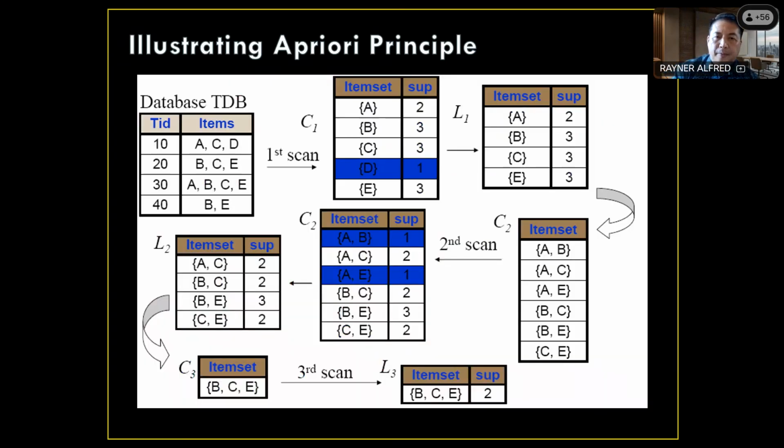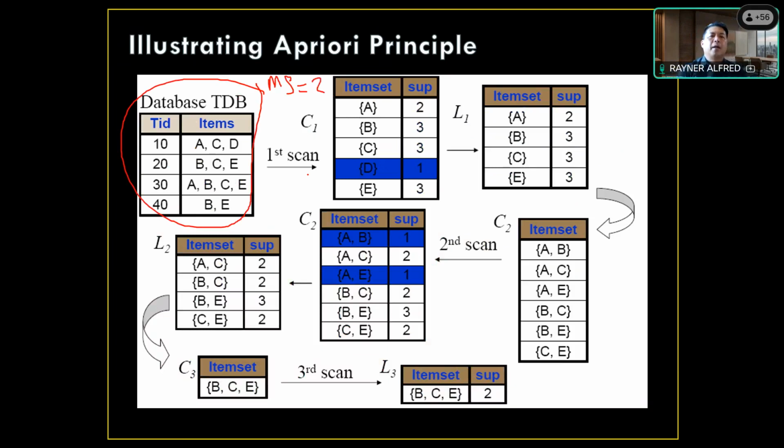Okay, so we have another example here. So we have the database here. So we look into here. Okay, so for this one, the minimum support is 2. So we define this one, the minimum support is 2.